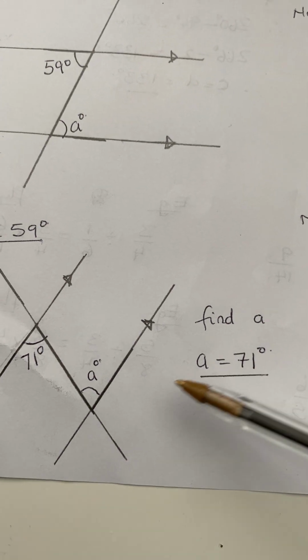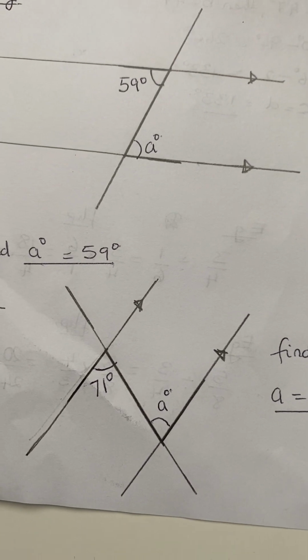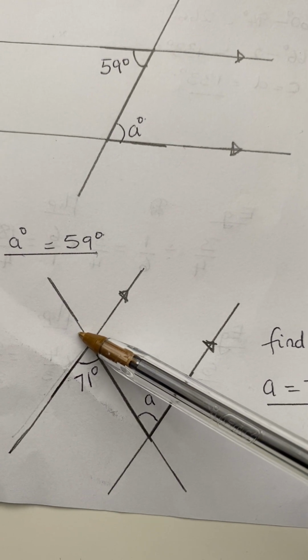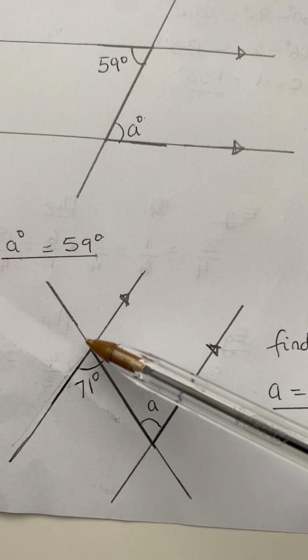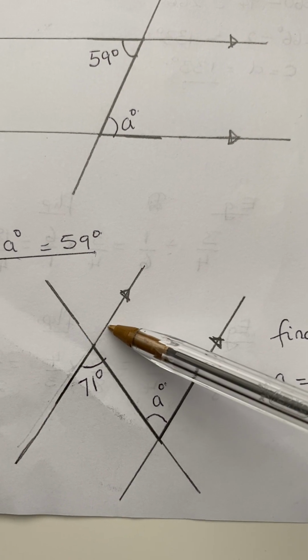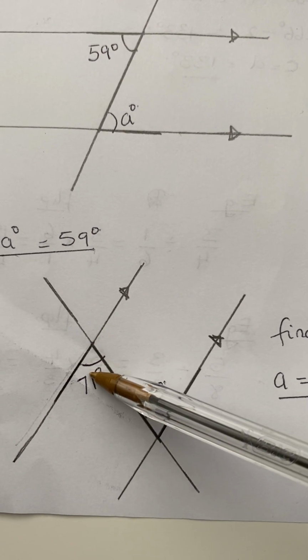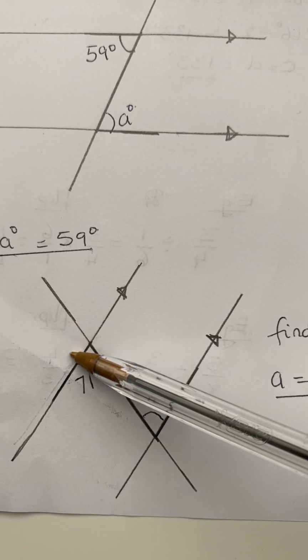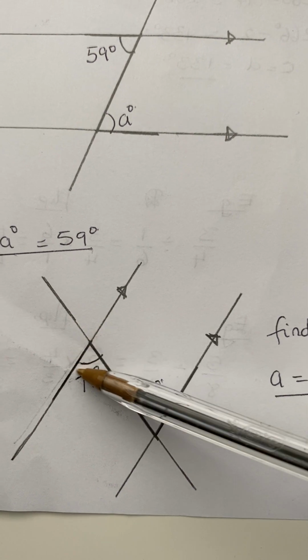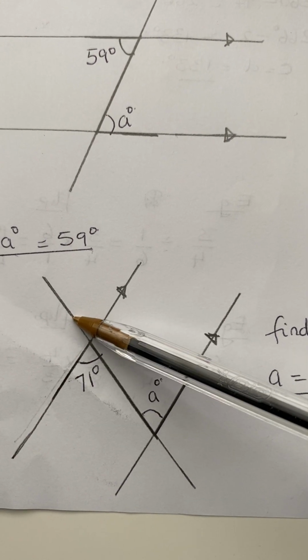Okay, so assuming I have a complex figure, and I know this angle, I can use vertically opposite angles to find this angle, or angle on a straight line to find this angle here, because it adds up to 180.